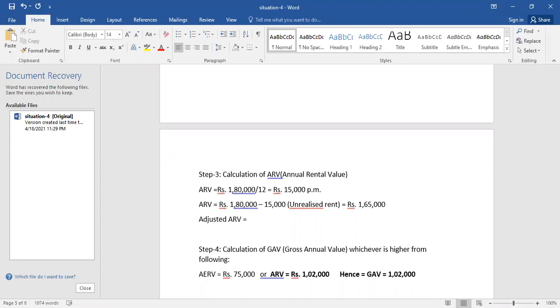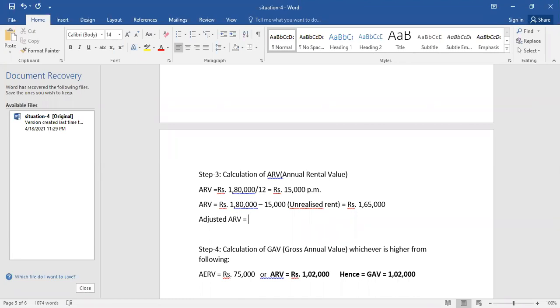If any unrealized rent is there, minus, otherwise 0. So that will become your annual rental value, 1,65,000. But because there is a vacancy involved, now you have to minus that vacancy also. But both at a time you should not deduct.